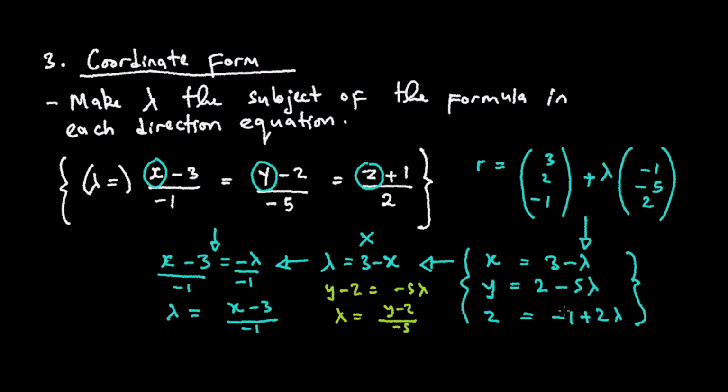Mukaendesa futi minus 1 kuside ichati z plus 2, then divide both sides na 2 to make lambda subject of formula. So that is how it is done. That is what we do with that.